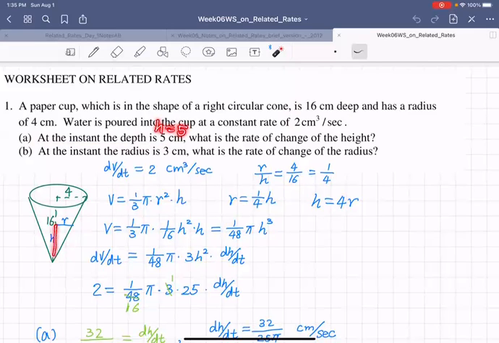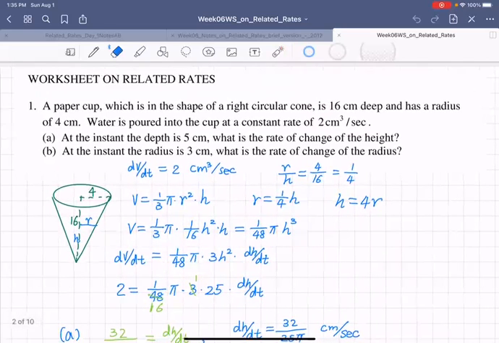So when h equals 5, the water height here equals 5. They ask you, what is the rate of change of the height? So they ask you dH over dt, okay? What do we do over here?